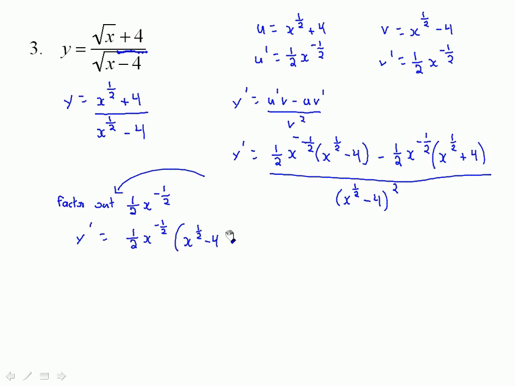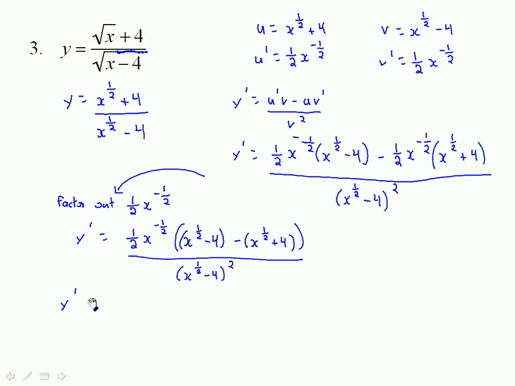And when we take it out of the second one, put a little bracket around that one even though we don't need it, we will be left with x to the 1/2 plus 4. Close this, and then close this, all over top of x to the 1/2 minus 4 squared.